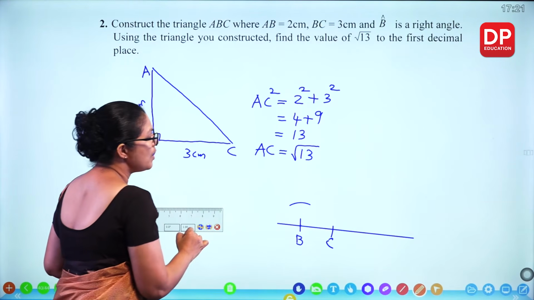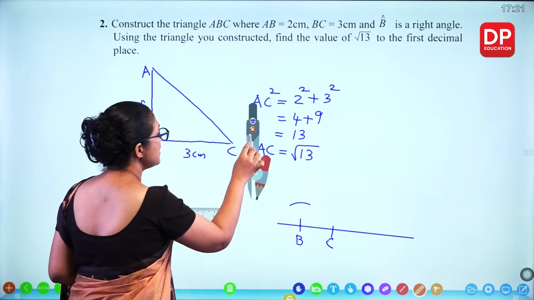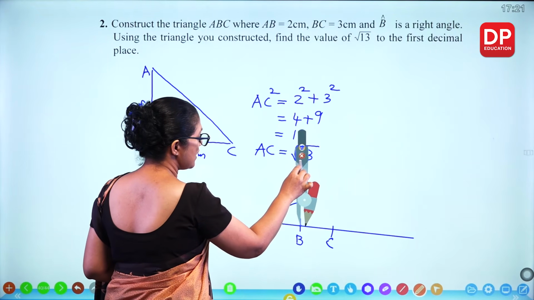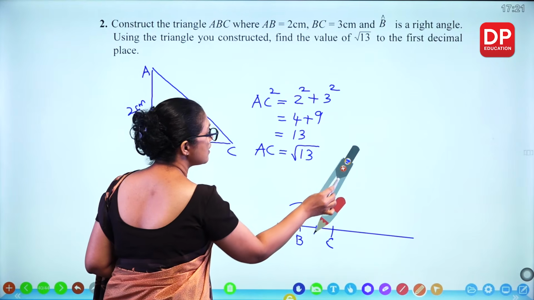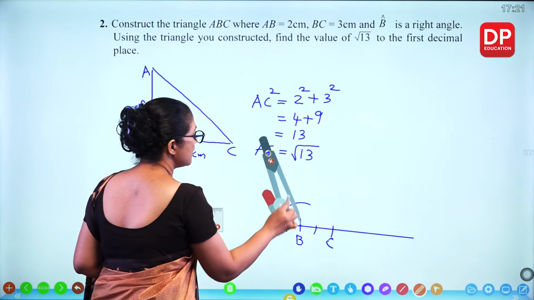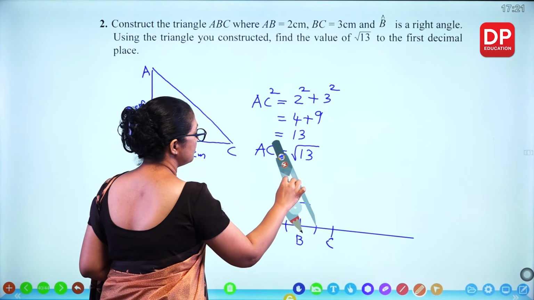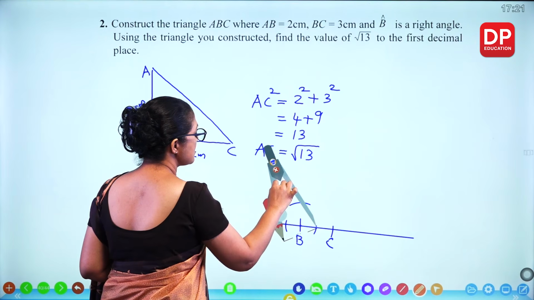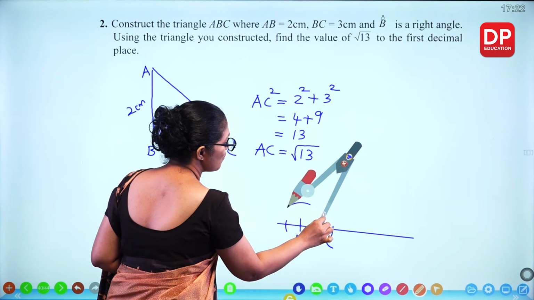Now we need to draw a perpendicular line. So we'll take the compass and try to draw the perpendicular line to B. Just take any length, draw an arc, take the other side and draw an arc. Then we'll take the point here, take a longer distance and keep on top of this point.